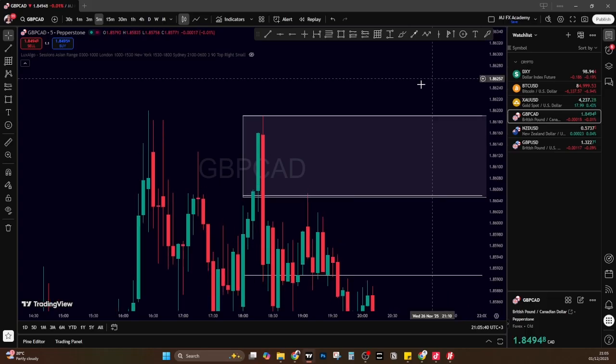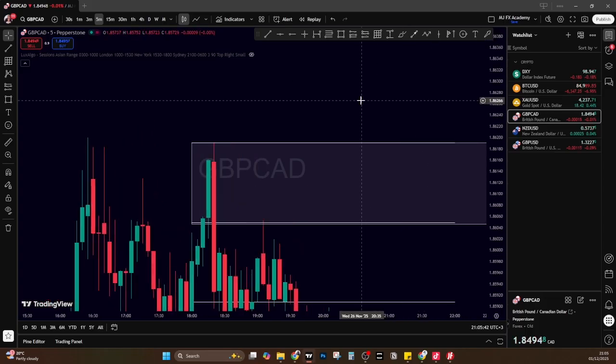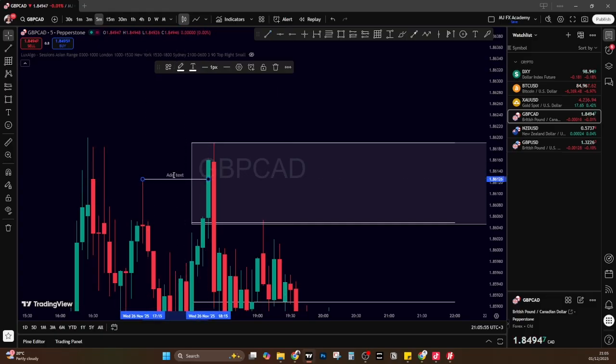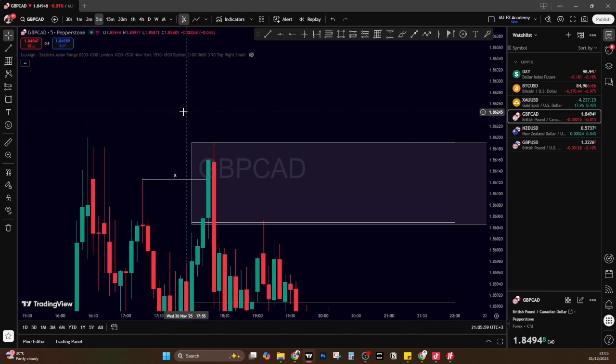I think everyone can see this. Can you see what that is? That's an order block, and that is even a strong high because it took out this liquidity here. So this is a strong high.